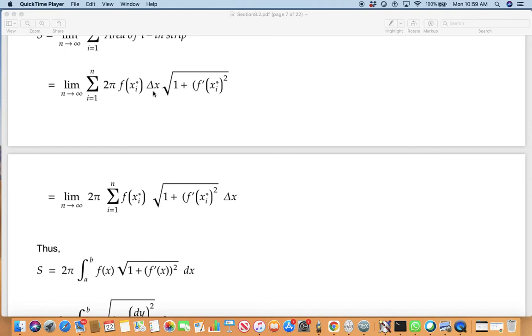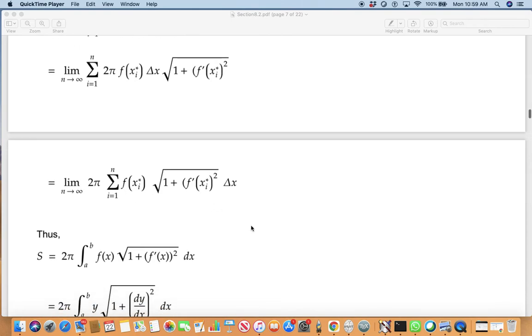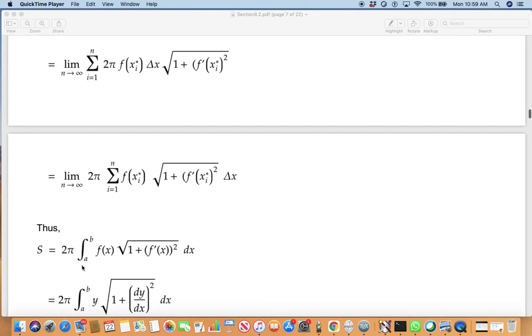I'll write the delta x on the right hand side so you can visualize what happens. The limit of such a summation, if it exists, is what we call the integral. So surface area is 2 pi times the integral from a to b of f(x) square root of 1 plus f prime of x squared dx.